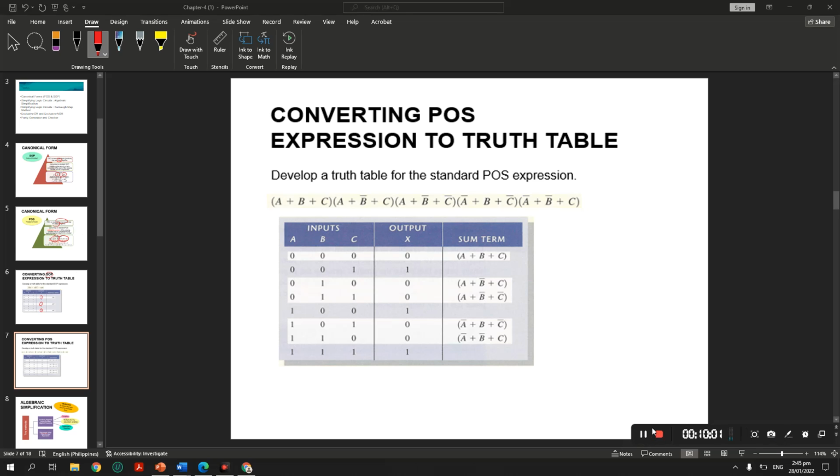Now, before we proceed to reconstructing this truth table, I wanted you to take a look at how our POS expression is written.